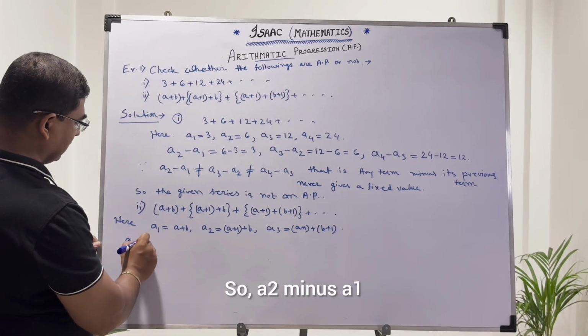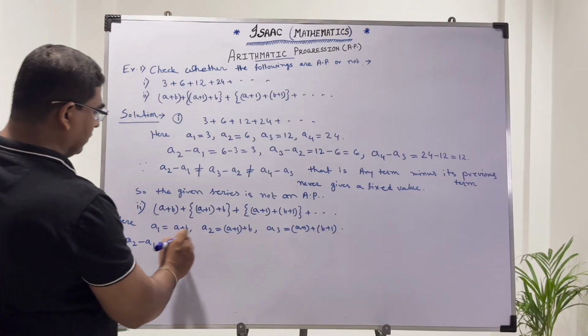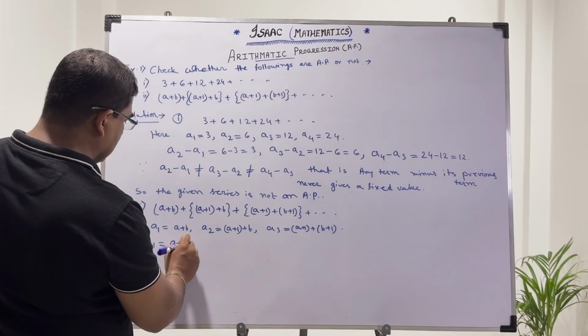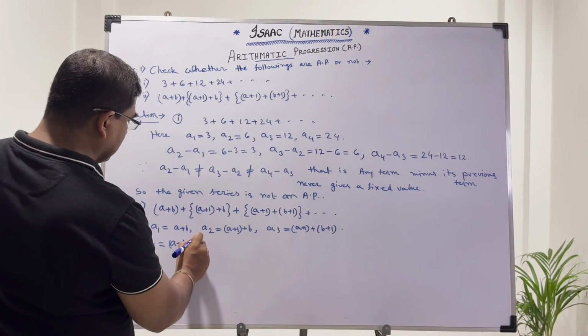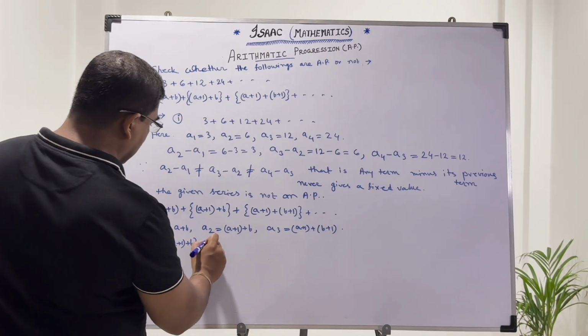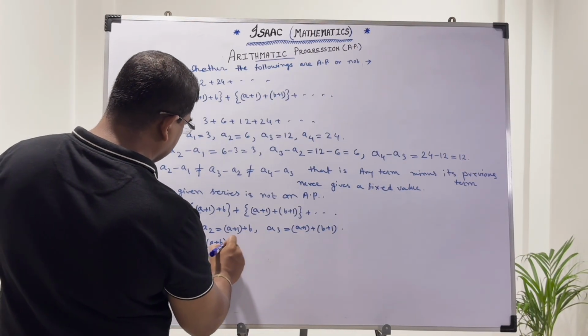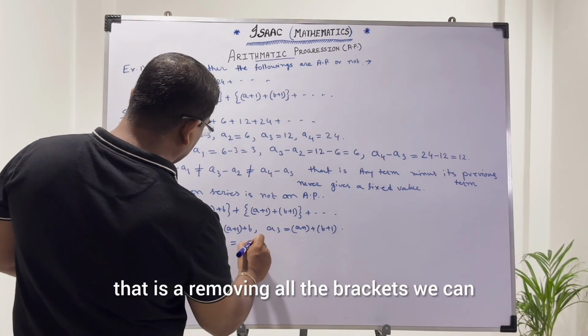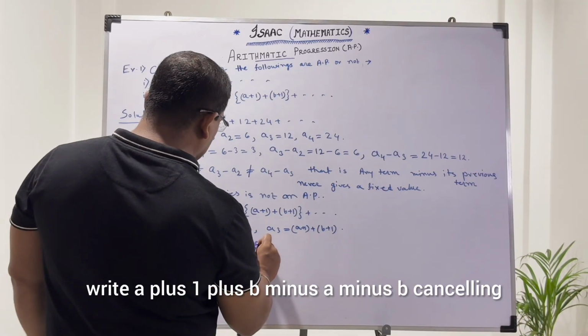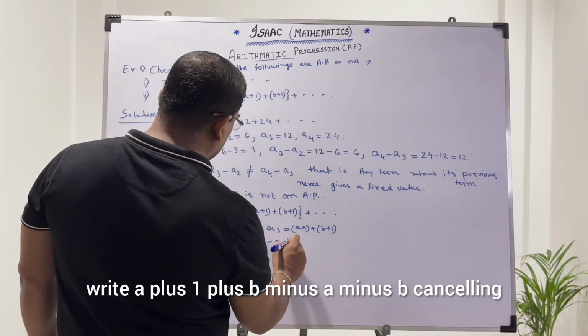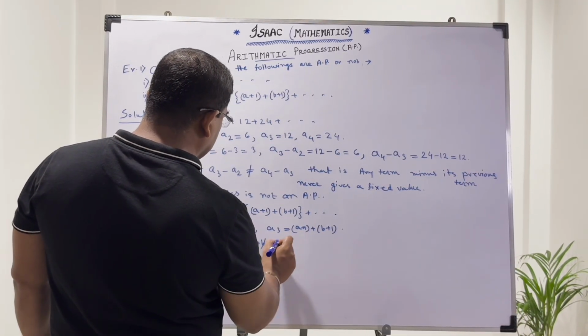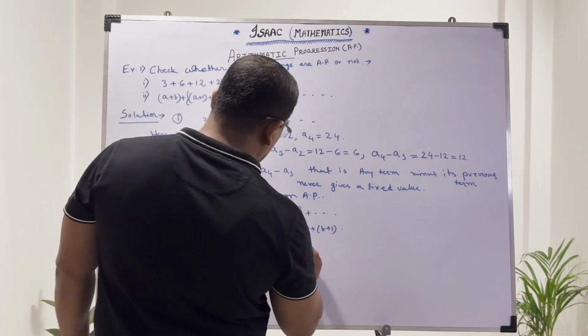So A2 minus A1 equals A plus 1 plus B minus of A plus B. Removing all the brackets, we write A plus 1 plus B minus A minus B. Cancelling B and A, we get 1.